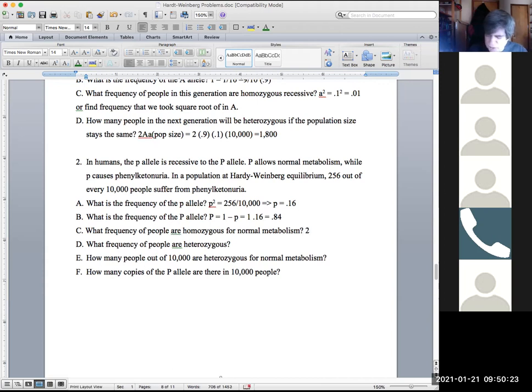What frequency of people are homozygous for normal metabolism? Well, to be homozygous for normal metabolism, you have to have big P, and it has to be big P squared.